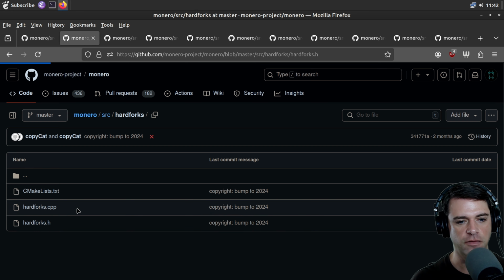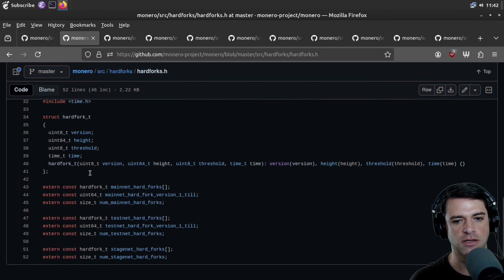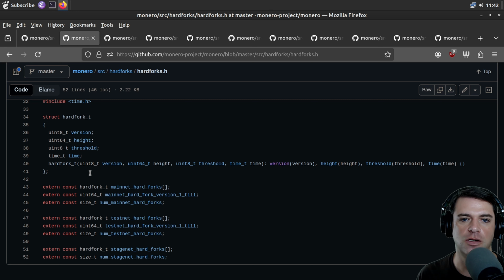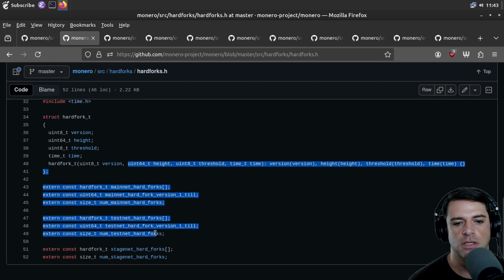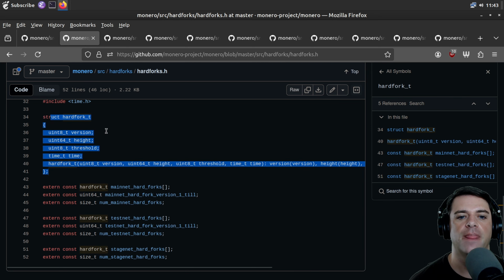But we'll take a look at hardforks.h. And what I'm looking for here is whether there are any magic numbers. In the Ethereum stuff, we saw that they had listed specific accounts that were going to be handled in a hard-coded way because of a fork. And this just has some methods. A hard fork type has a version, a height, a threshold, and a time.